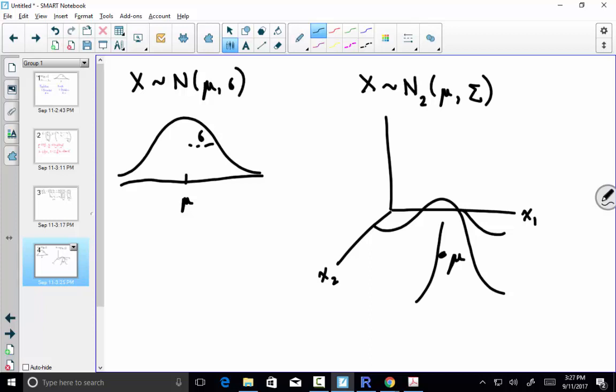And whereas we compute probabilities from a univariate normal by integrating or computing the area under the curve between 2 numbers, in multiple dimensions, we're computing volumes.